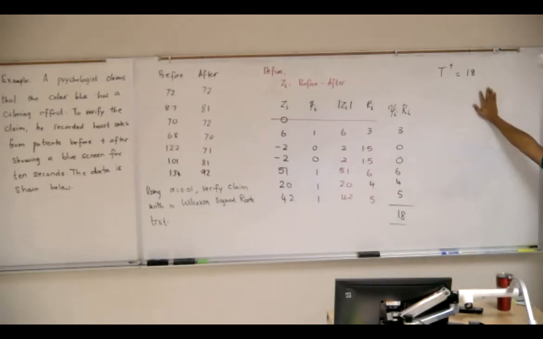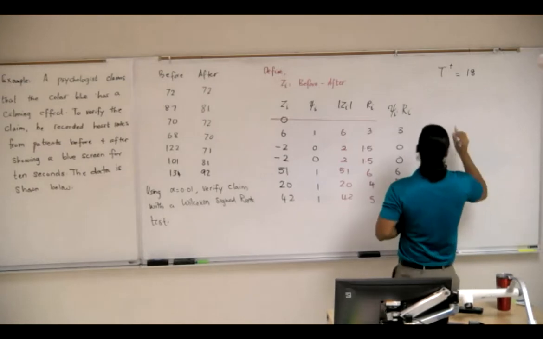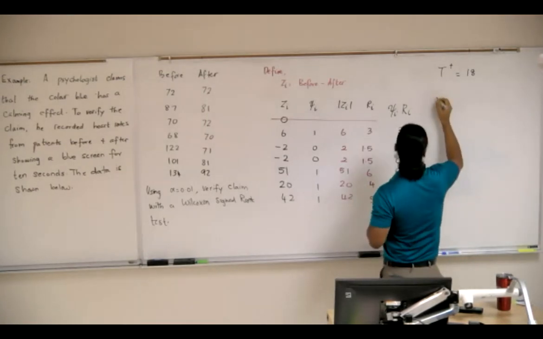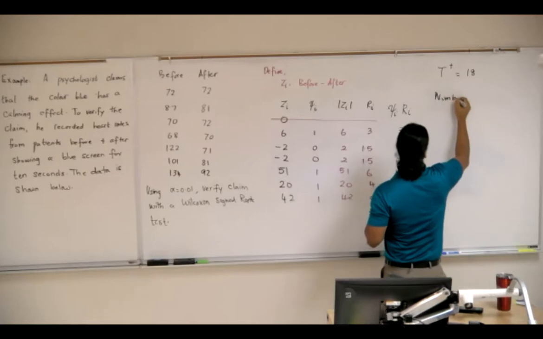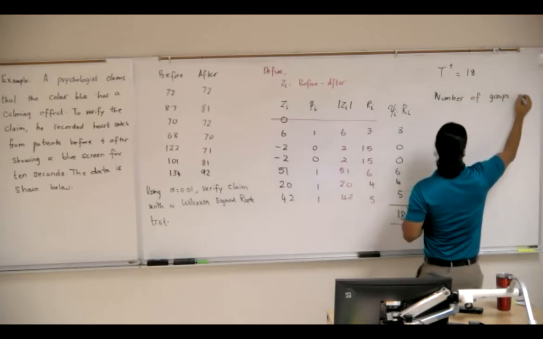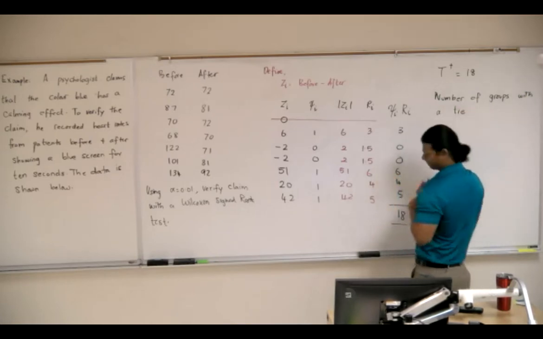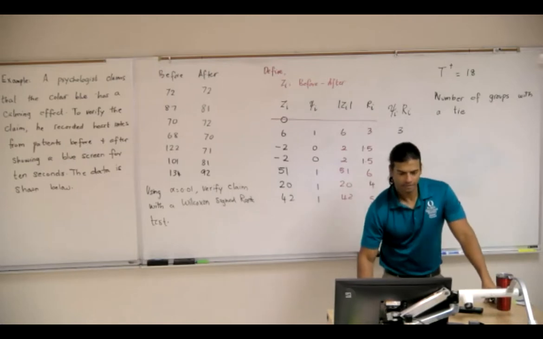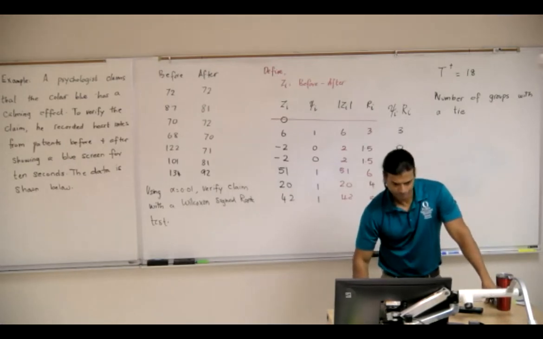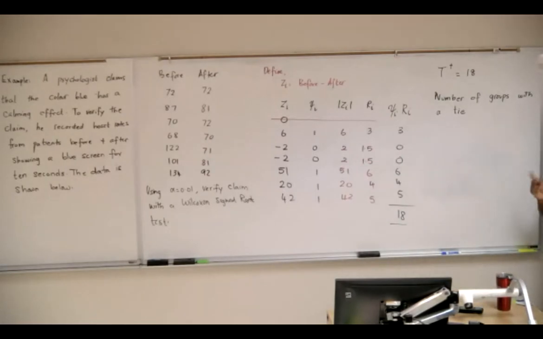If we did not have any ties, then this would be great. But unfortunately, we have ties. So when we have ties, we want to identify the number of groups with a tie. So how many groups do we have a tie with?